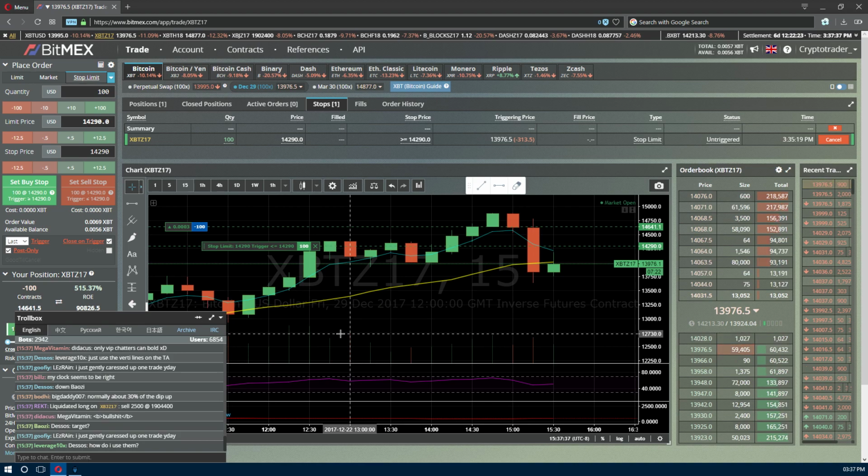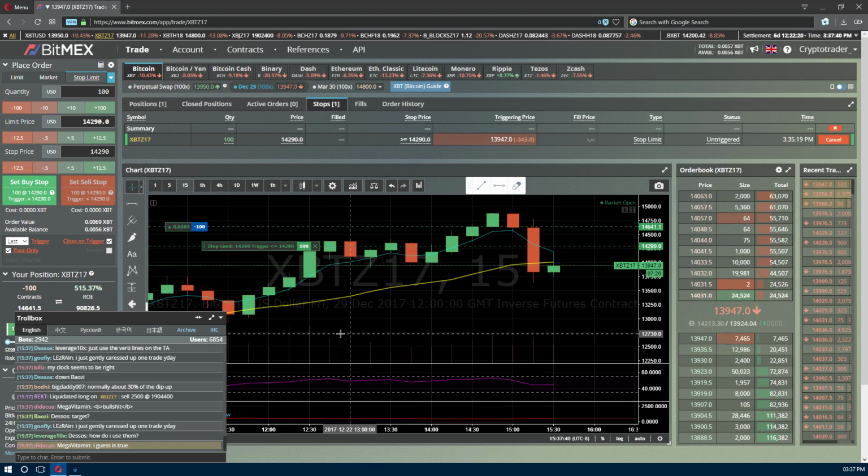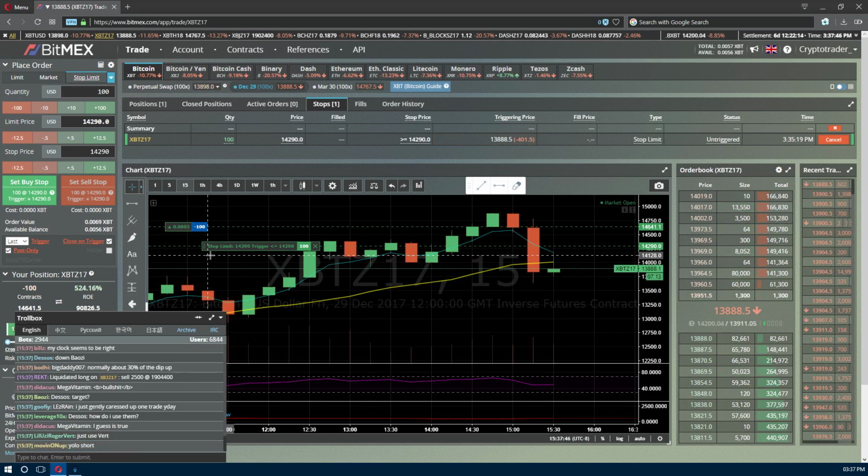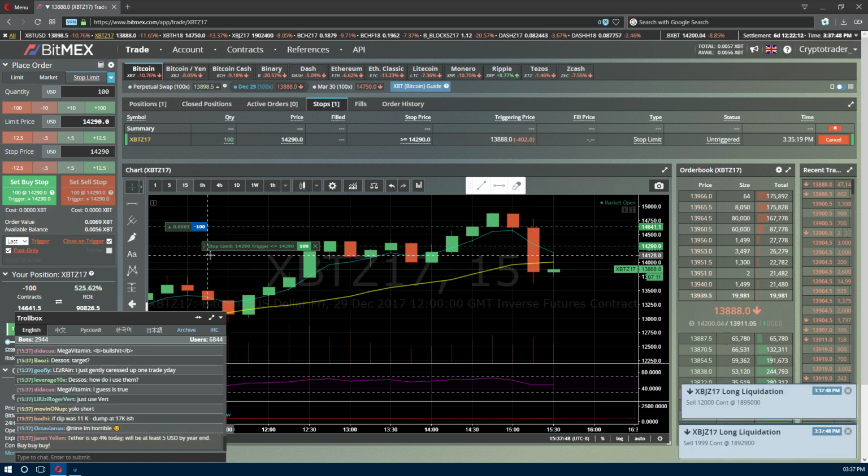Now I wanted to add $1,000 to this position. I want to be able to slide this stop limit down. But that's going to be a troublesome task.